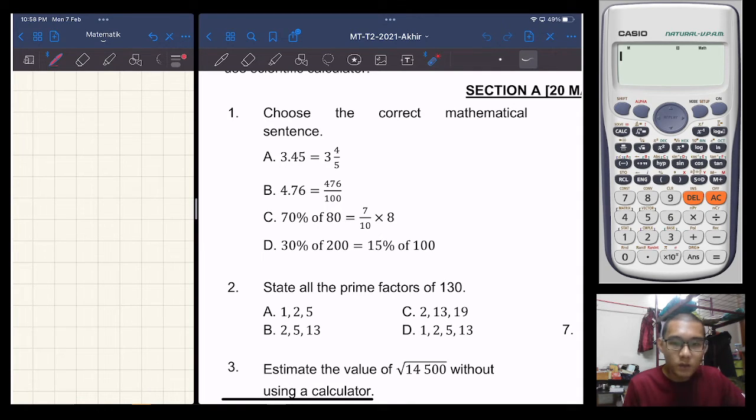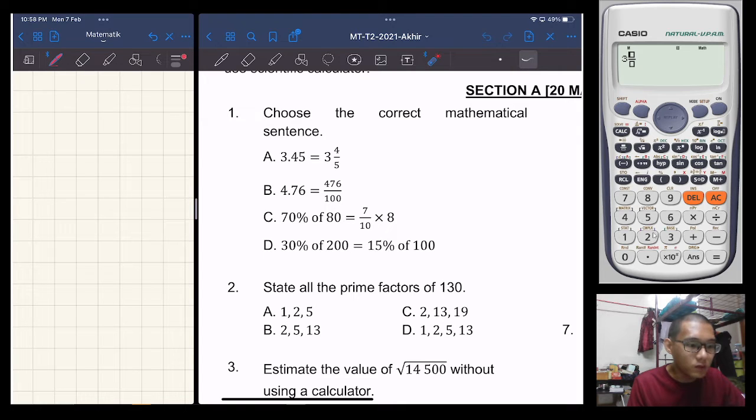So A: 3.45 is equal to 3 and 4 over 5. If you want to check the answer, you may try to use this 570 EX.